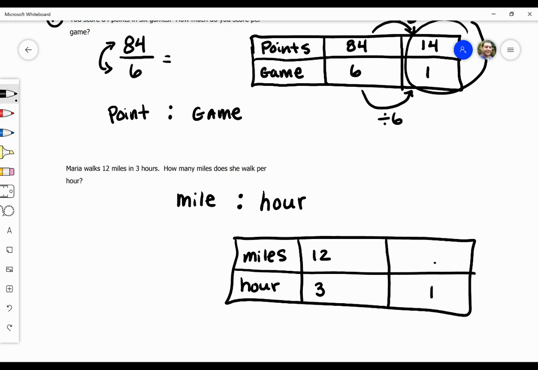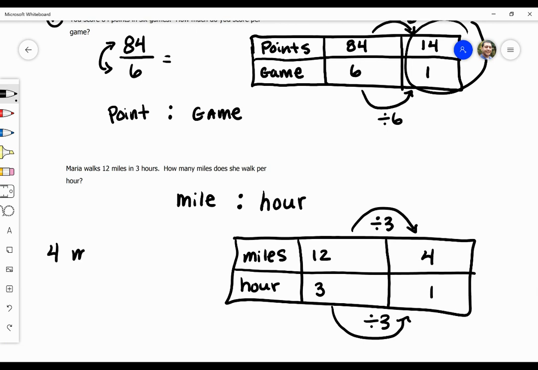How many miles does she walk in 1? To get to 1 from 3, we have to multiply or divide by a constant to have equivalent ratios. So the same thing that you do to the bottom, you would do to the top, which would make 12 divided by 3, or 4.